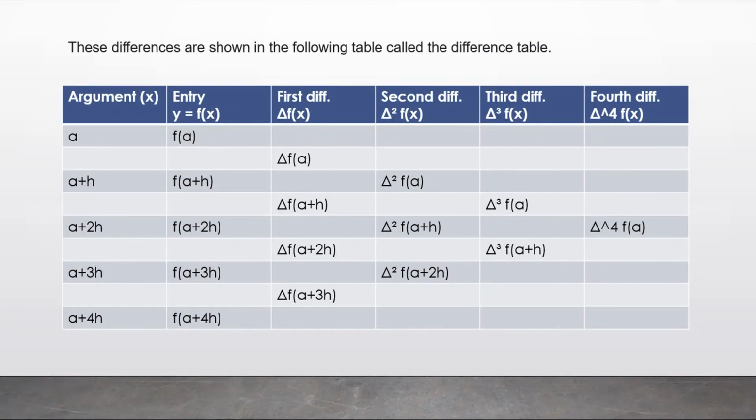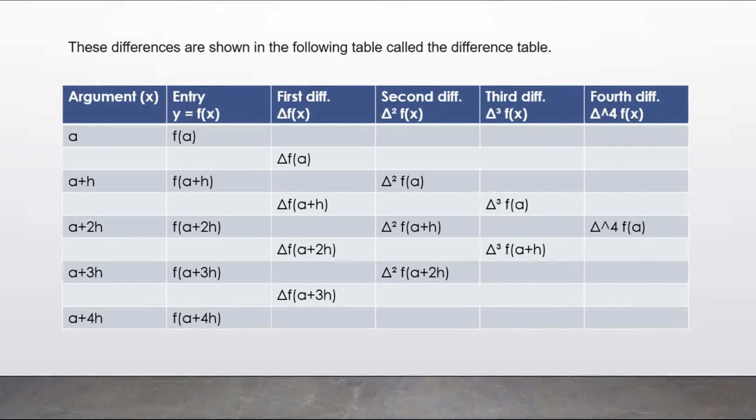Delta f of a plus h is equal to f of a plus 2h minus f of a plus h. Delta f of a plus 2h is equal to f of a plus 3h minus f of a plus 2h. Delta f of a plus 3h is equal to f of a plus 4h minus f of a plus 3h.